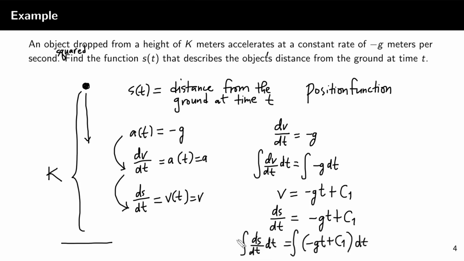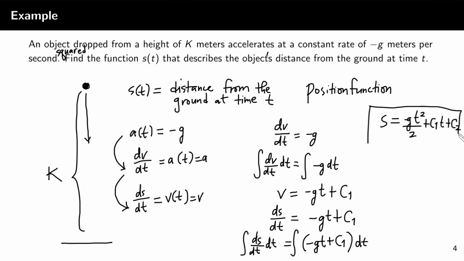On my left side, I will now have the position function, which is s, and on the right, I have the integral of negative gt, which is negative g t squared over 2, plus c sub 1 t plus c sub 2.